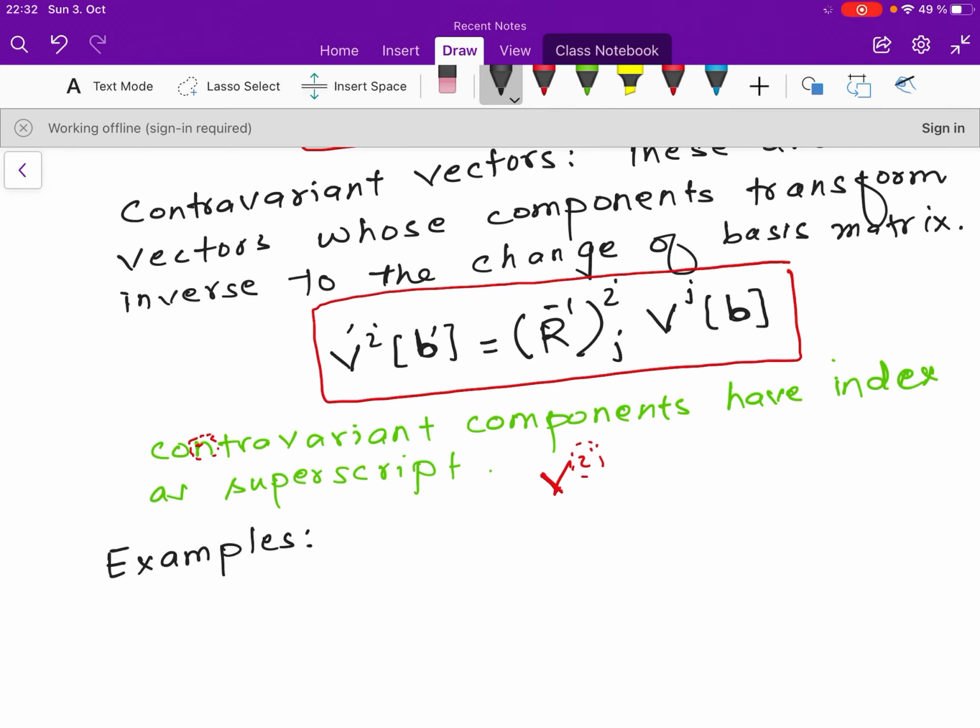So you can see that in case of position vector, if you take position vector capital R, let me say x cap plus y cap plus z cap, all these coordinates x cap, y cap, z cap transform inverse to the change of basis matrix. So which means all these components are actually contravariant. These are contravariant components.